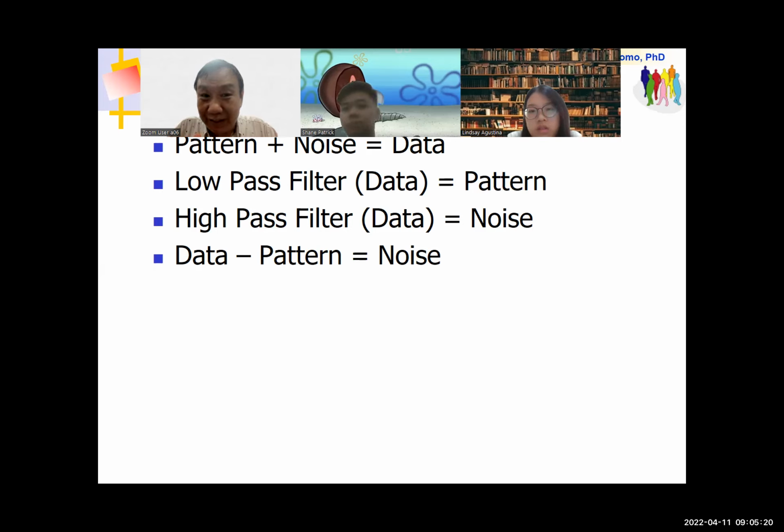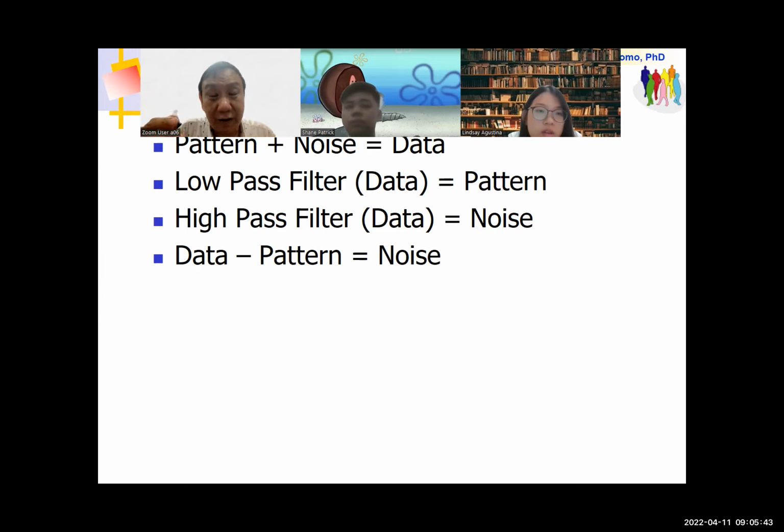Is this easy or not? Remember, pattern plus noise equal data. And then you will have two types of filter. I call this low pass filter, that means of the data you will get the pattern.